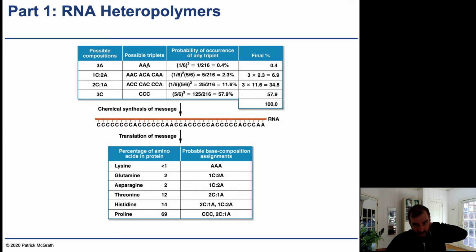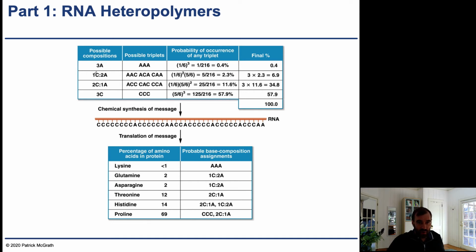And so now you can lay out all of the different triplets that can be formed using just the A's and C's. One possible triplet is AAA, CCC is another homopolymer, and then you have 3 different combinations of 2 parts A and 1 part C. So you can either have AAC, ACA, or CAA.